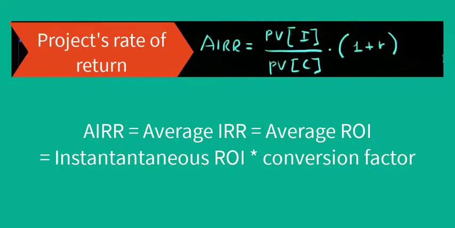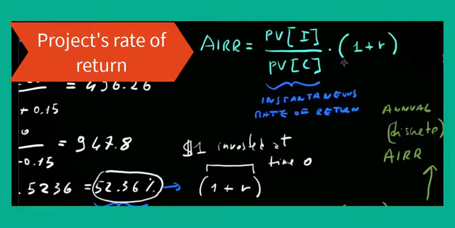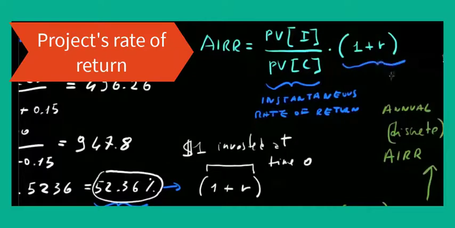A ratio is an instantaneous rate of return, and this factor is a conversion factor, which converts the instantaneous rate to a discrete rate.